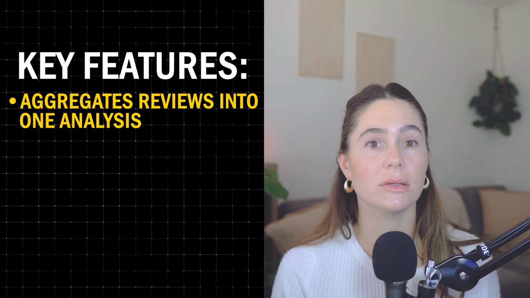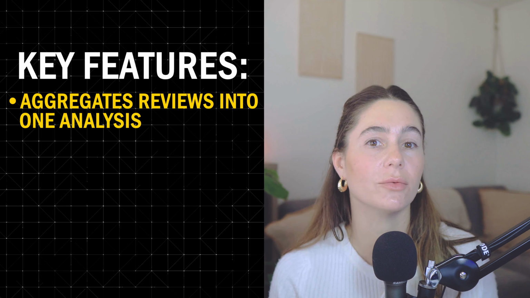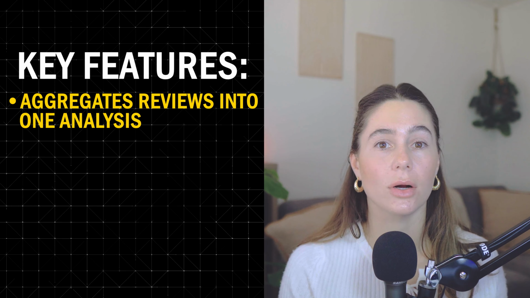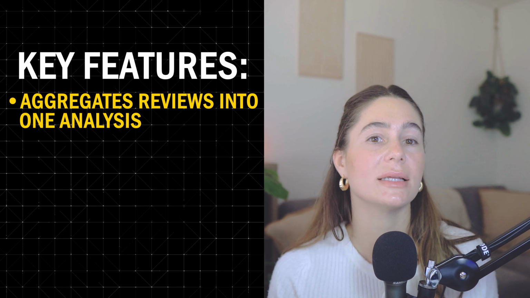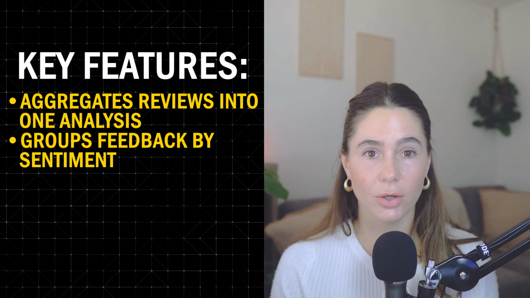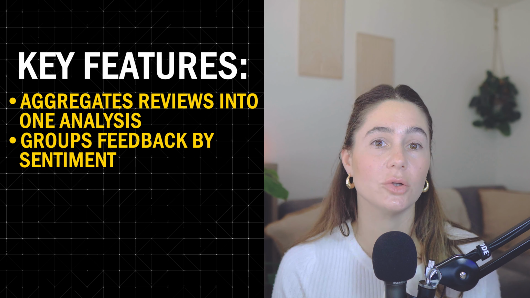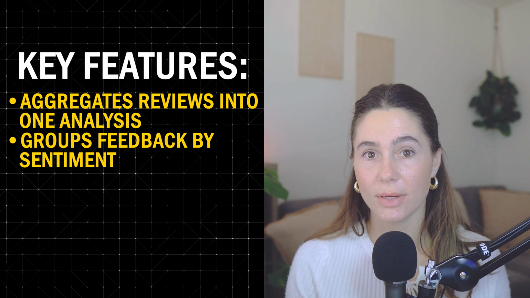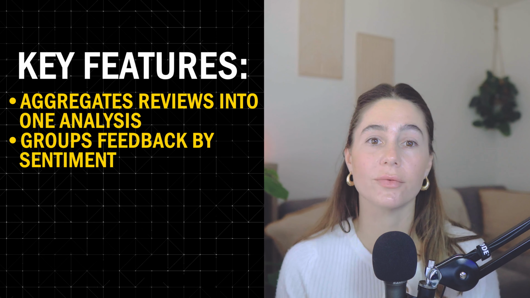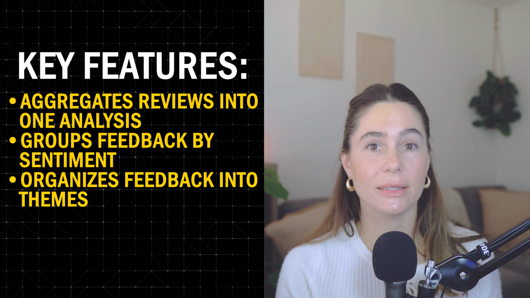One of the most important features of VOC AI is its ability to aggregate large volumes of reviews into a single analysis. This means you can look at feedback across many customers at once instead of reading reviews one by one. Another key feature is sentiment grouping. Feedback is categorized into positive, negative, and neutral sentiment, which makes it easier to focus specifically on complaints when you're trying to improve a listing. They also group feedback into themes.